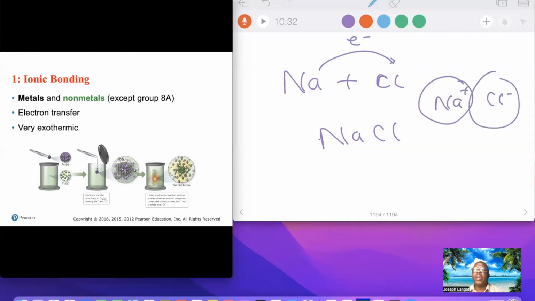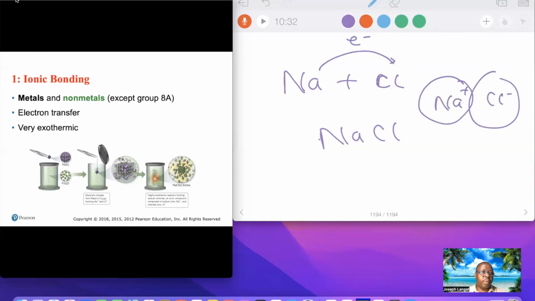And we know positive and negative attract, positive and positive repel, negative and negative repel. This type of bonding exists between metals on the left side and nonmetals, except for group 8A, of course, they don't react because they have their outermost shell fully complete.